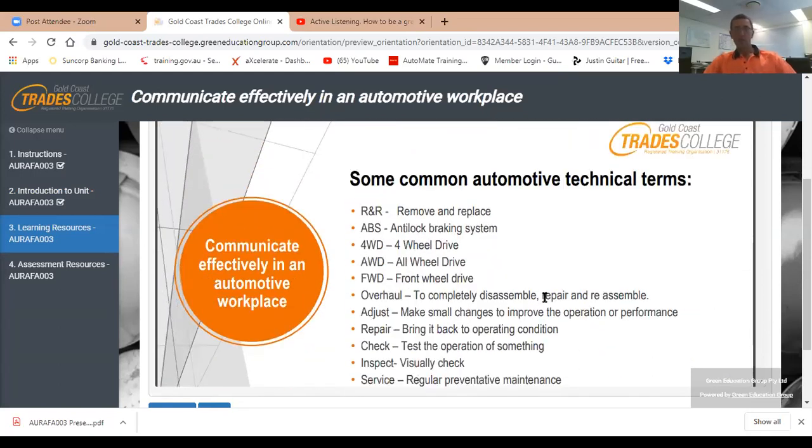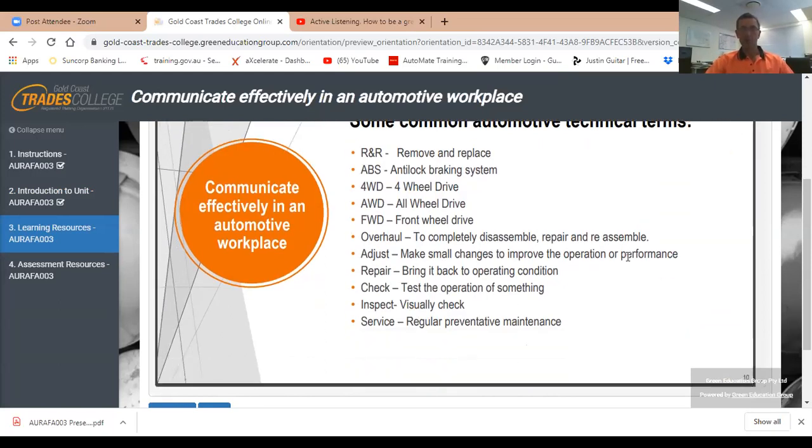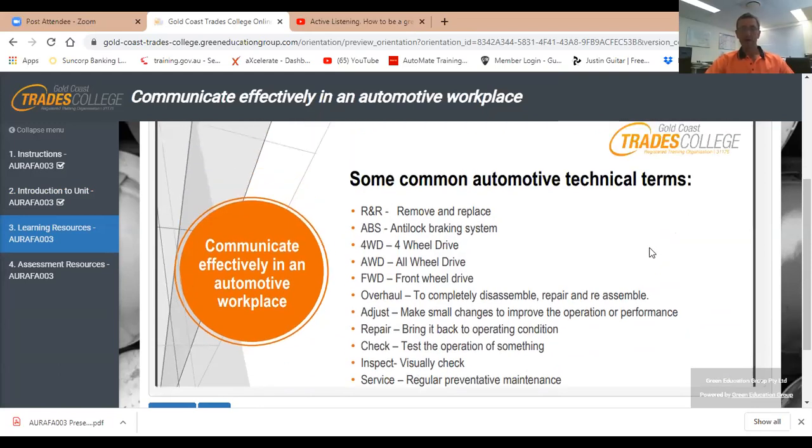So we're going to start today with some common automotive technical terms. Now, communication in a workplace, whatever industry you're working in, usually has its own technical terms that are used specifically for that trade. Automotive's no different. We have all sorts of shortened abbreviations for things like R&R, for argument's sake, which means remove and replace.